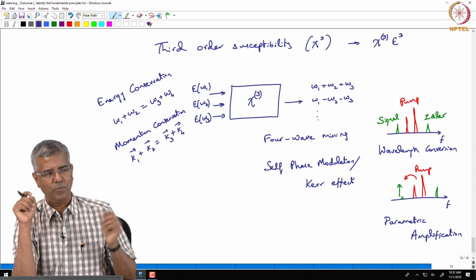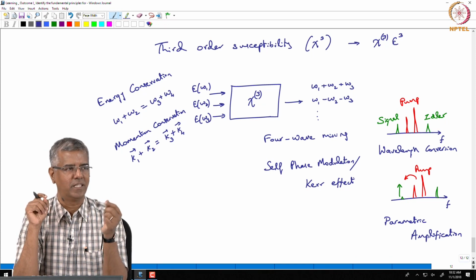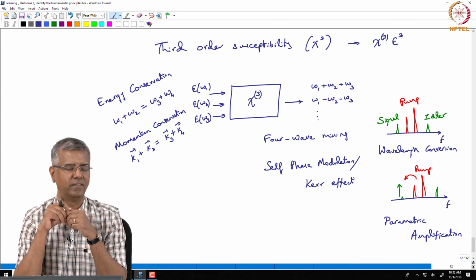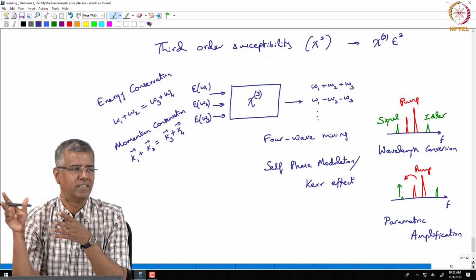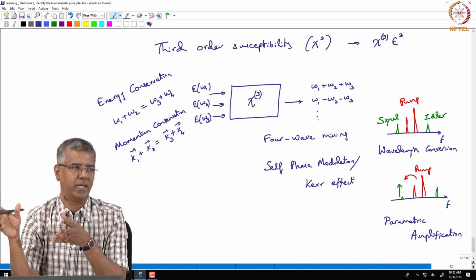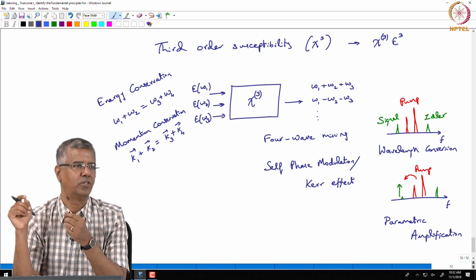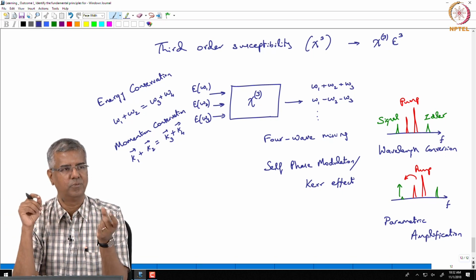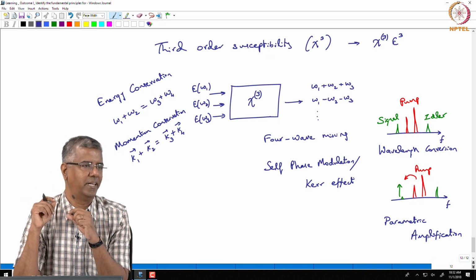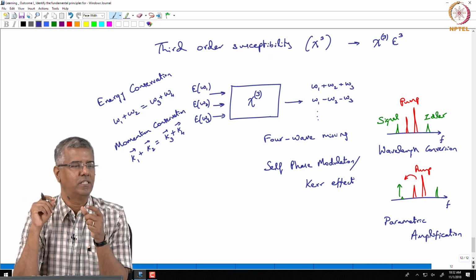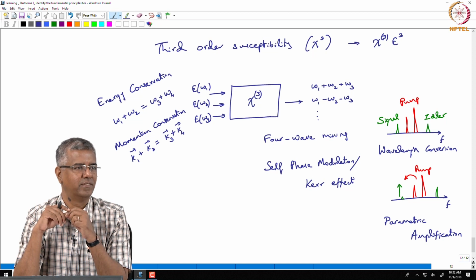So, you have one electric field component corresponding to the wave that is going in, right. So, that is one E. What is left is E square, right. So, you have an opportunity of using E square to modulate that light. What does E square correspond to? Intensity, right.